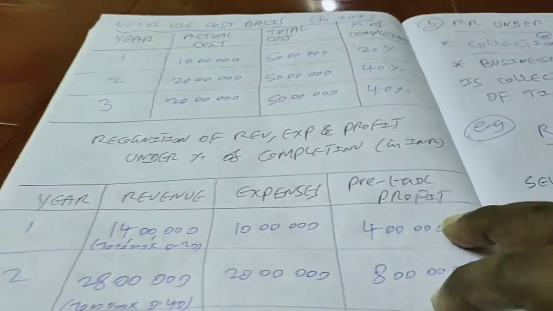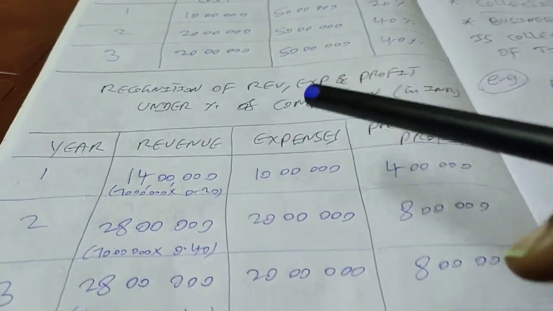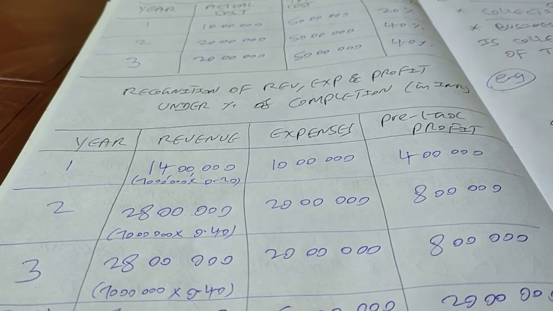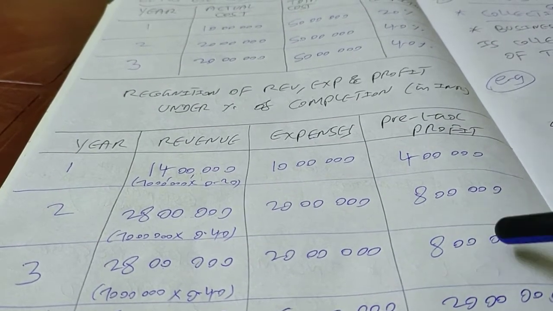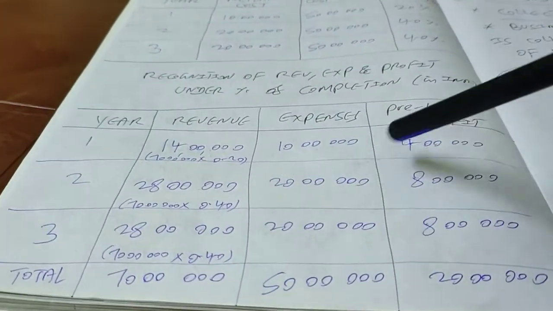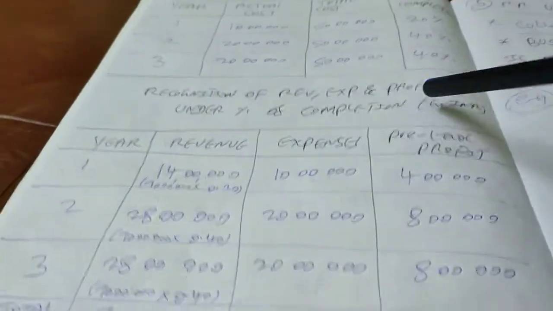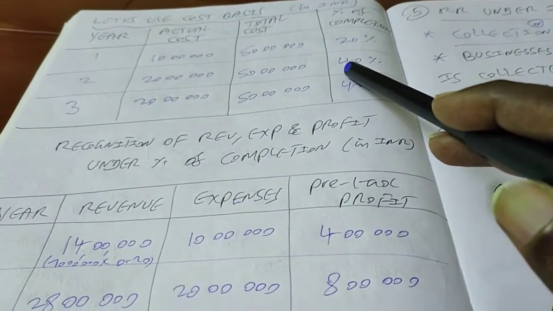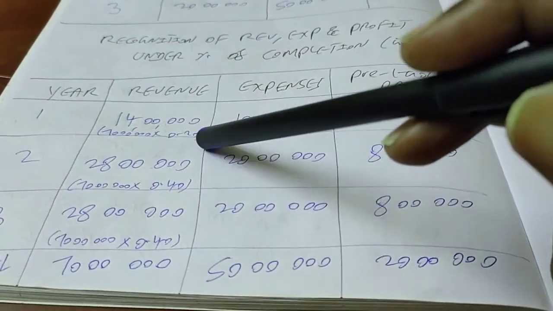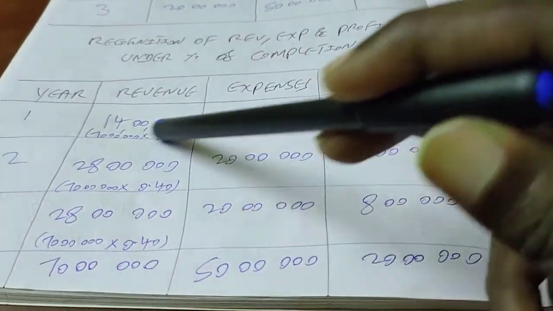Now let's go about computing how much revenue, expenses and pre-tax profit we are going to recognize on a periodic basis. Year 1, percentage of completion is 20. Total agreed price is 70 lakhs. So revenue is 20% of 70 lakhs, that is 14 lakhs.